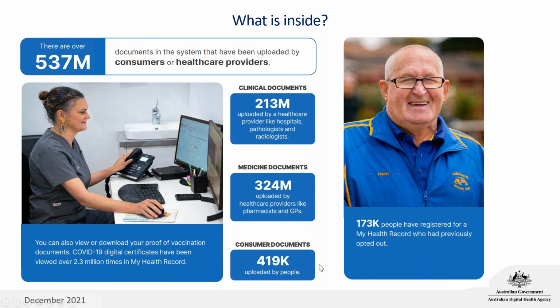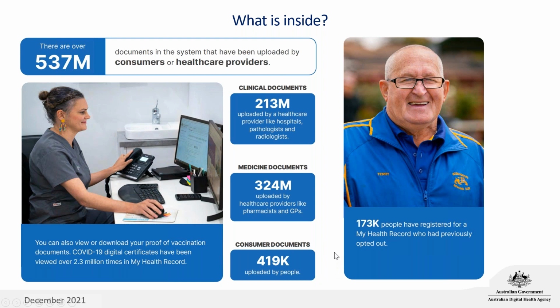We also have quite a few consumer documents. So I said earlier that the My Health Record system is a patient-controlled kind of environment, and they have an option also to add their own information, their own documents to their My Health Records. There's also some documents in there that are uploaded by the consumer or the patient themselves.